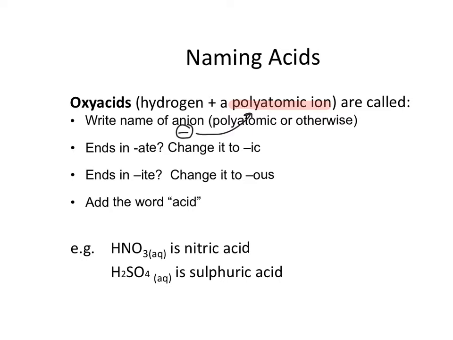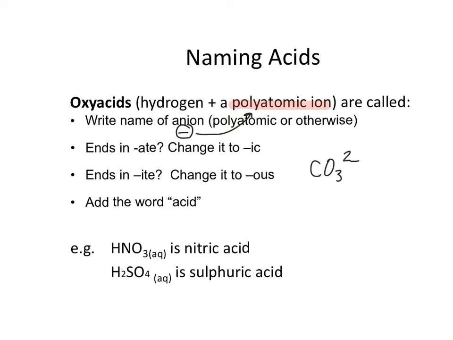So you're going to write the polyatomic ion, and let me grab my periodic table and polyatomic ions list. So carbonate is the one that I am looking for. And so you remember that carbonate is CO3, 2 minus. There we go.